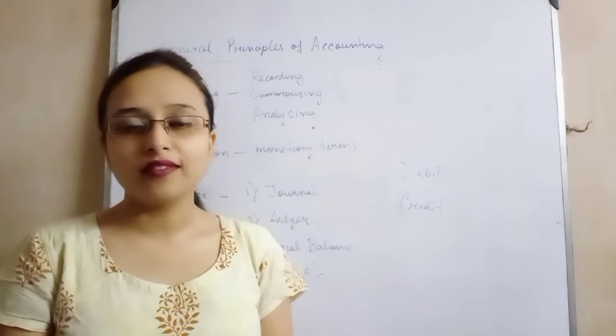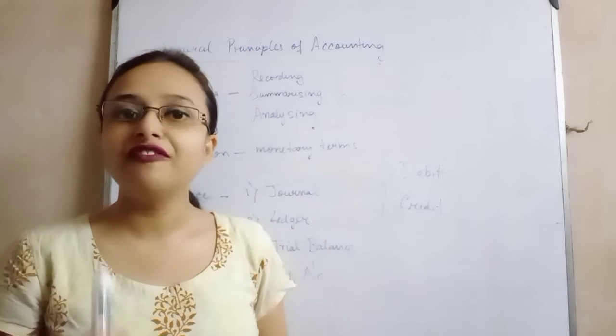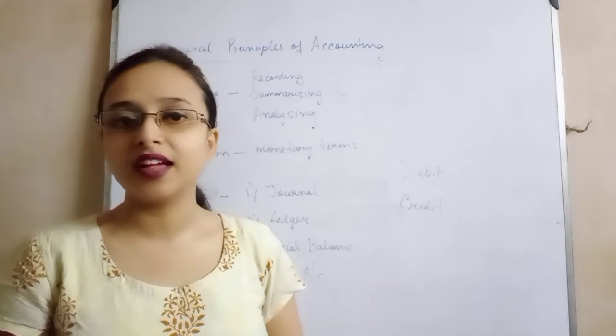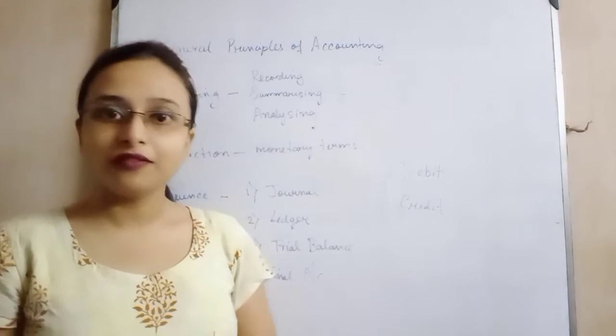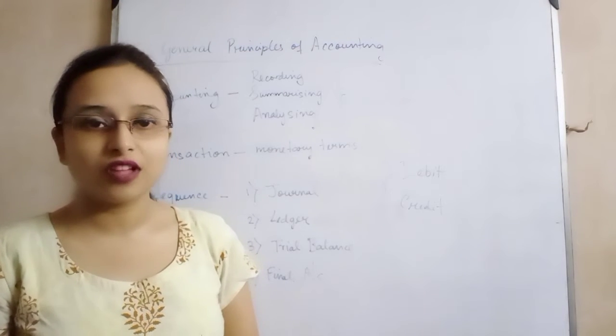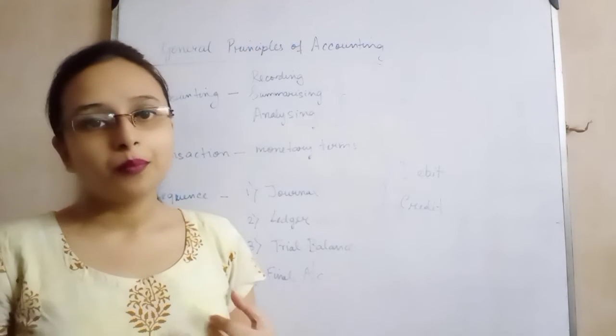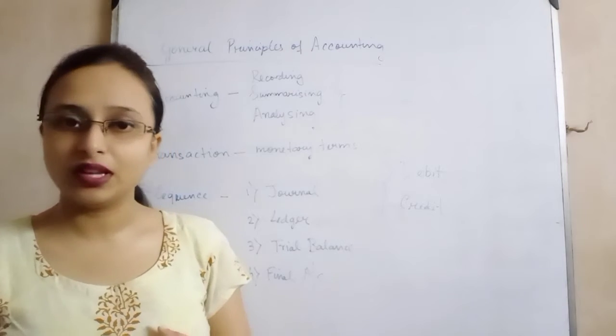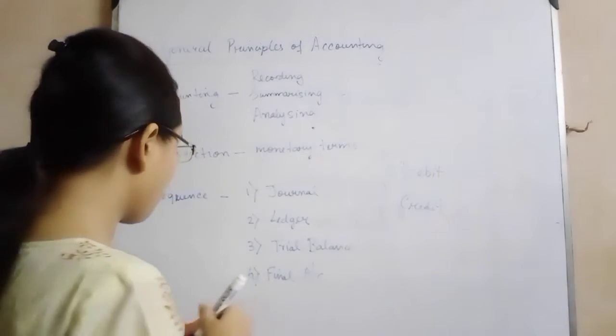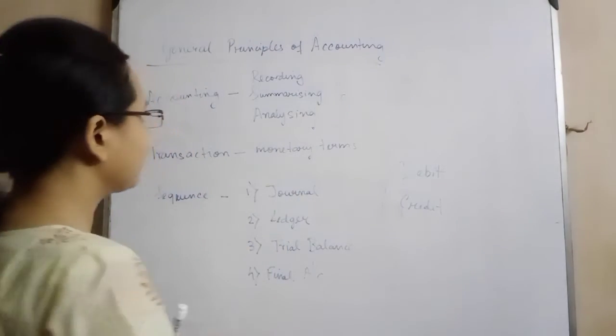Now coming to the concepts, there are three accounts that we can prepare. Talking of the golden rule, the three accounts are real account, personal account, and nominal account. Let me write down here.